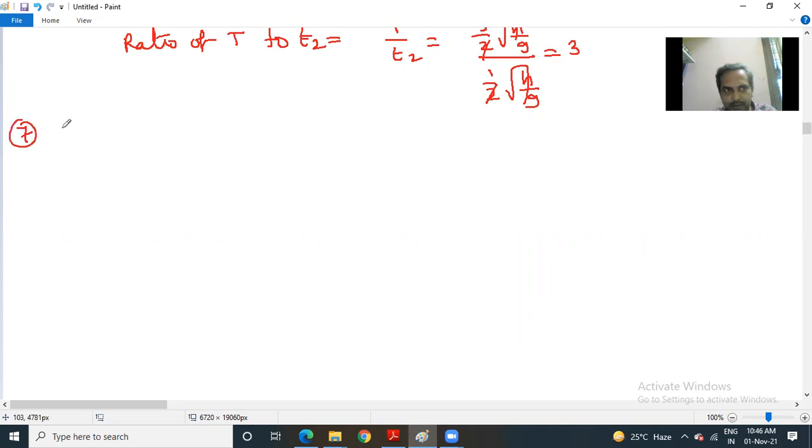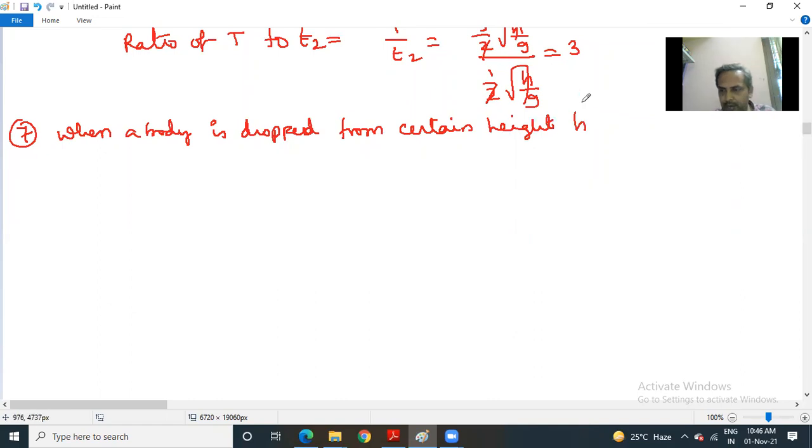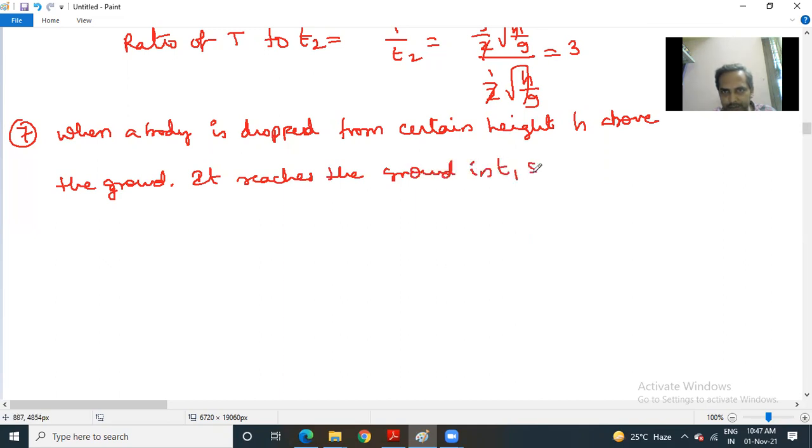When a body is dropped from a certain height h above the ground, it reaches the ground in t1 seconds, but after t2 seconds, it is stopped and released again.